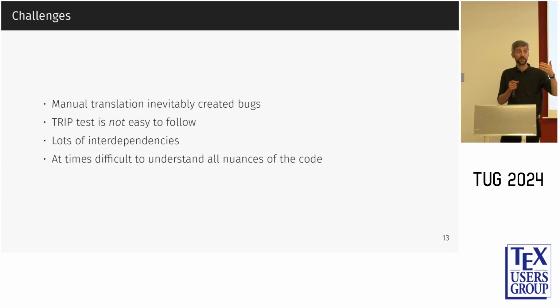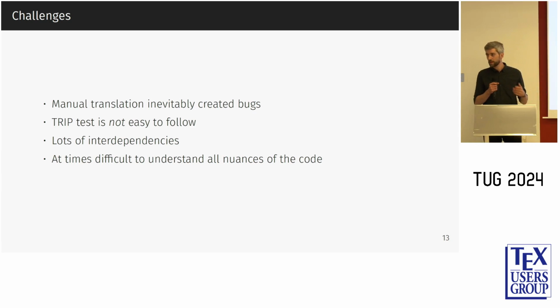And so then I could proceed with changing out parts of the implementation. That was also more difficult than I anticipated because there are lots of interdependencies between the different parts of TeX. Maybe if you've read the TeX book, you know of the mouth and the intestines and different parts, and you think, okay, maybe I can just do these individually, but there are lots of interrelations.